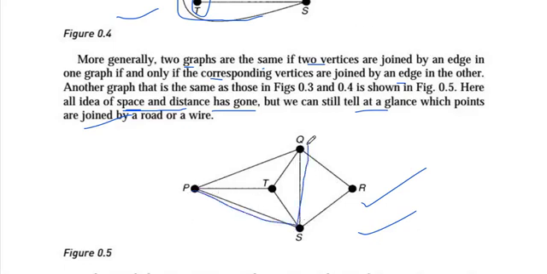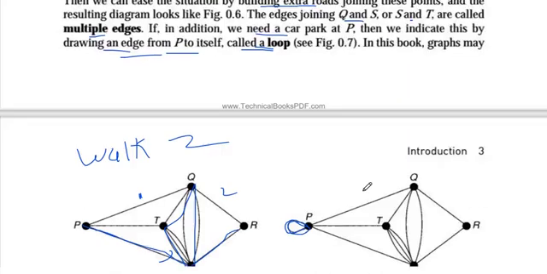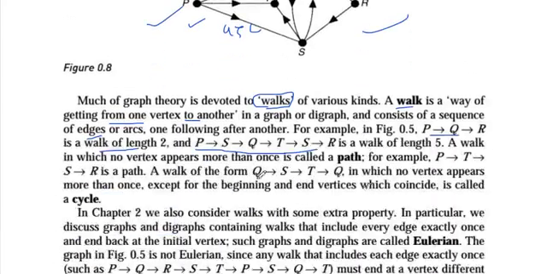P, S, Q, T, S, R. How many edges have we crossed? 1, 2, 3, 4 and 5. So this is a walk of length 5. Yes, we have gone from P to R, but we have decided to stop at Q and T also. So P, S, Q, T, S, R is a walk of length 5.